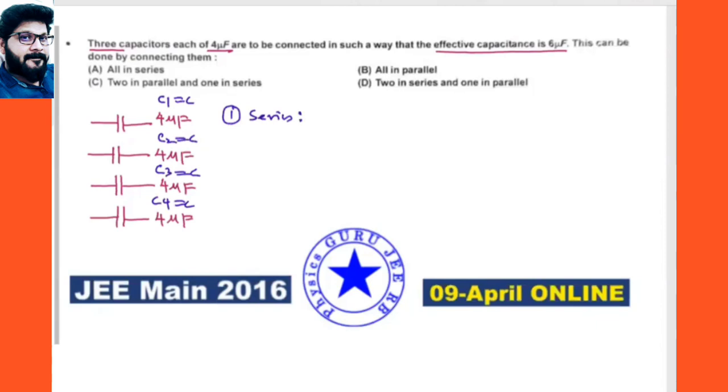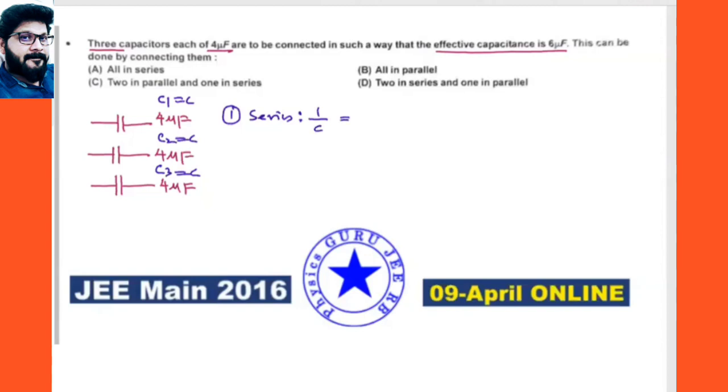Anybody? Parallel means C1 plus C2 plus C3. Fine. Sorry, only 3 capacitors are given here. So C1, C2, C3. Right. 4, 4, and 4 microfarad. Series. Series means 1 by C.